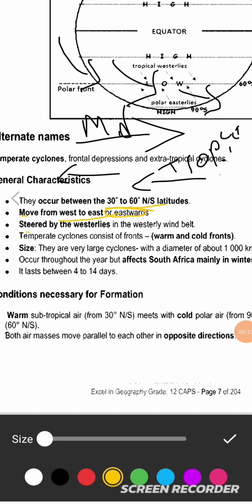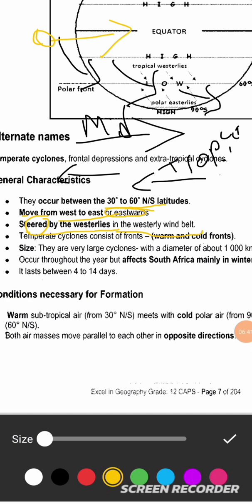It is being steered by westerlies wind belts. The word steered means it is driven by the westerlies. That's why it moves from west to east.